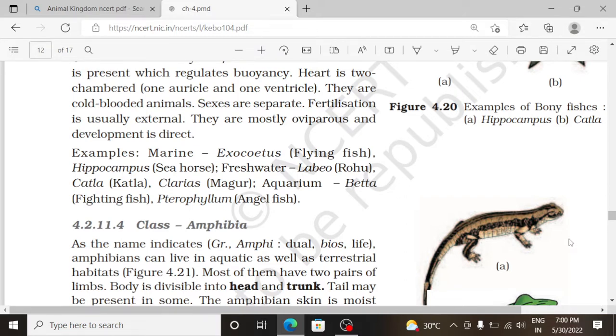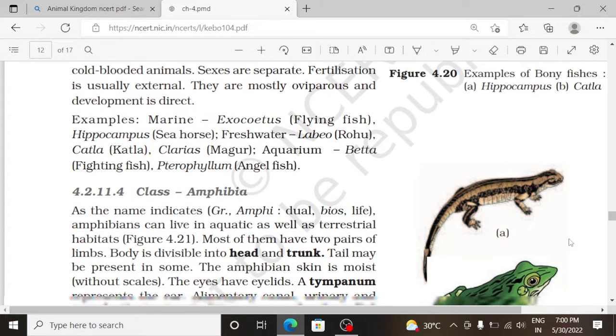In aquarium: Betta, fighting fish, and Pterophyllum, which is called angelfish.